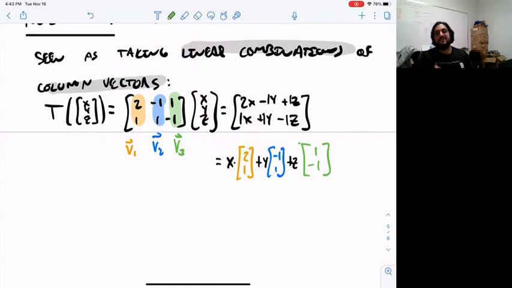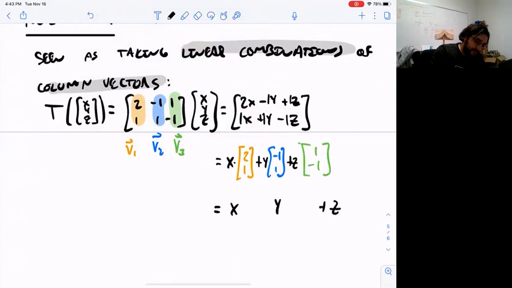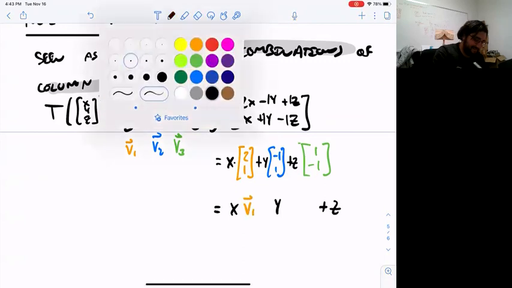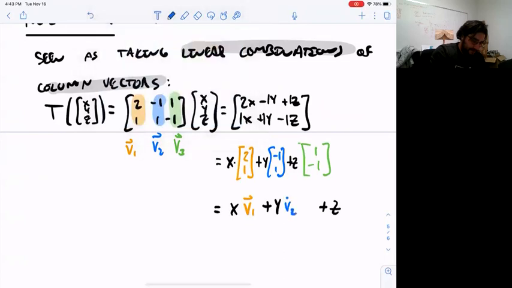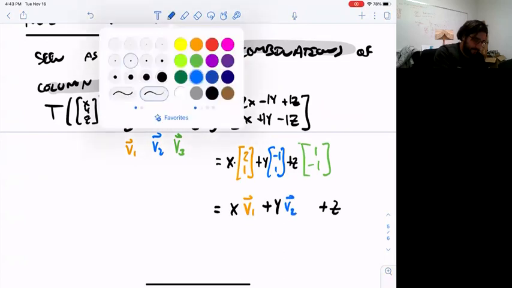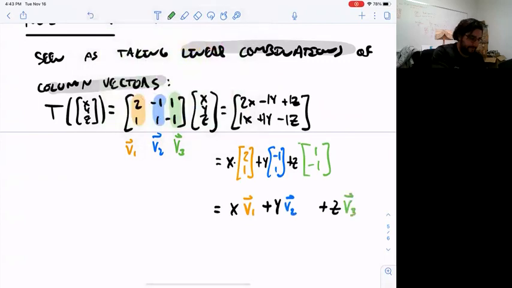If you think about that scalar multiplication and adding up those vectors, it's exactly what's written above, right? So that's what you can think of this matrix multiplication as really just doing linear combinations of these vectors V1, V2, and V3. So it's a nice way to think about linear combinations.